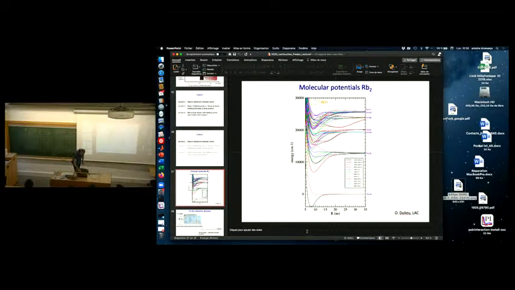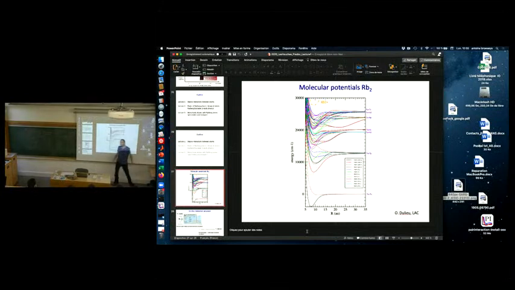So this is a molecular calculation, so it's ugly, of two rubidium atoms interacting with each other. Okay? So you have many, many states. But it doesn't matter. The gross features are reproduced by this model.